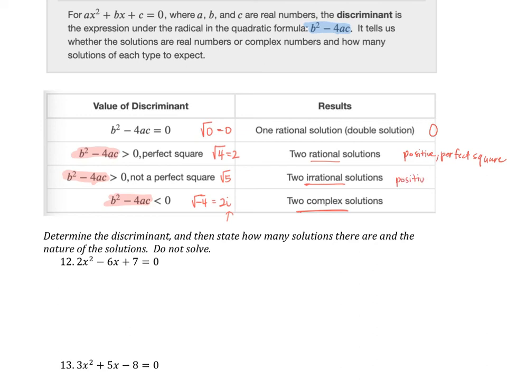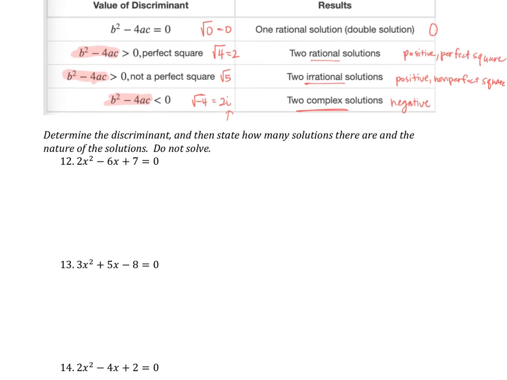If you get a positive non-perfect square, you'll have 2 irrational solutions. And if you get a negative, it doesn't matter if it's a perfect square or not, you'll get 2 complex solutions.